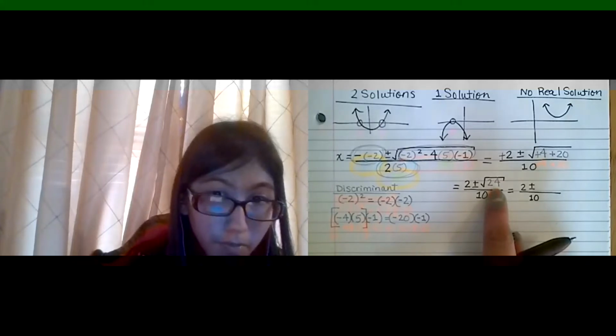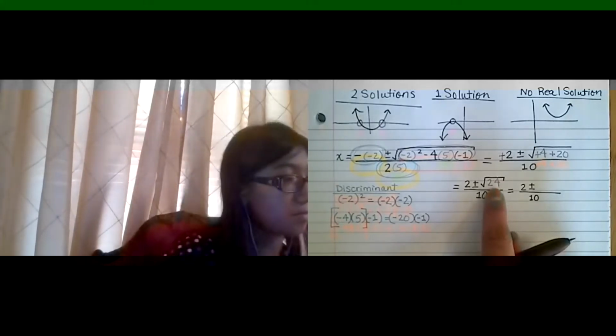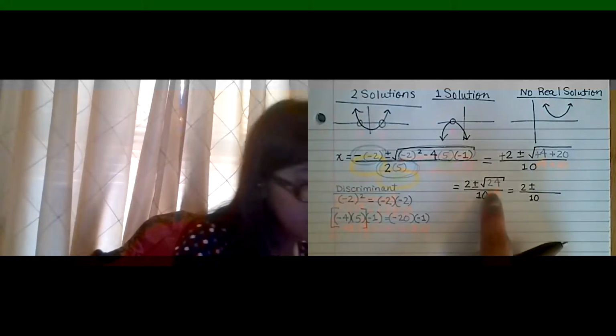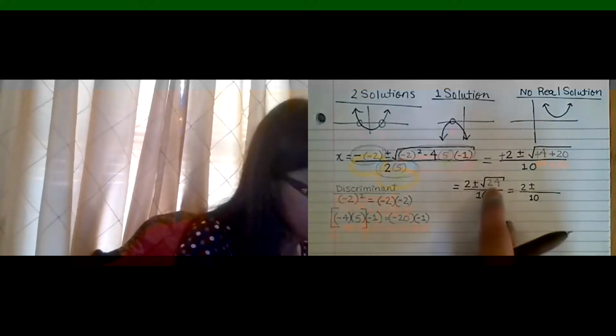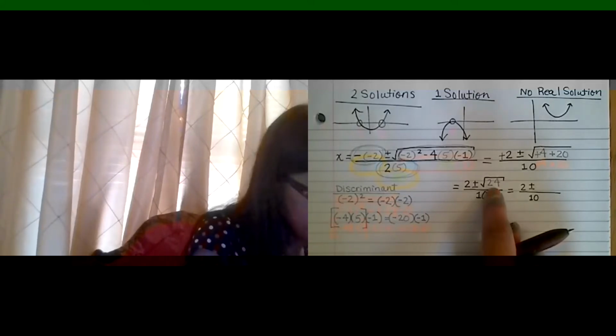Now, 24, I want you to think back at your perfect squares. Could I break down 24? I think that's page 4, maybe? Page 5, I think. Page 5, okay. So take a look at your perfect squares. Is 24 divisible by any of those perfect squares? No. You sure about that?